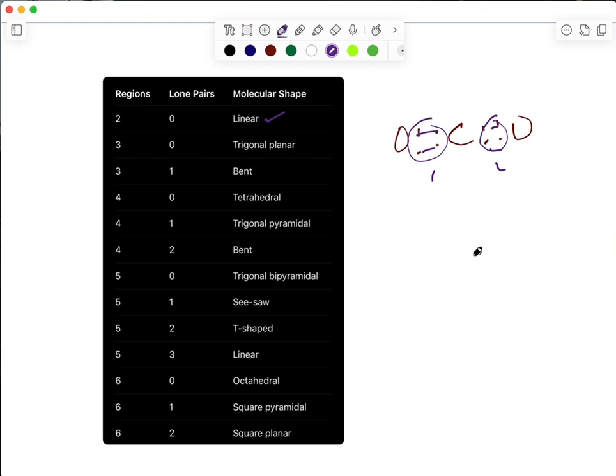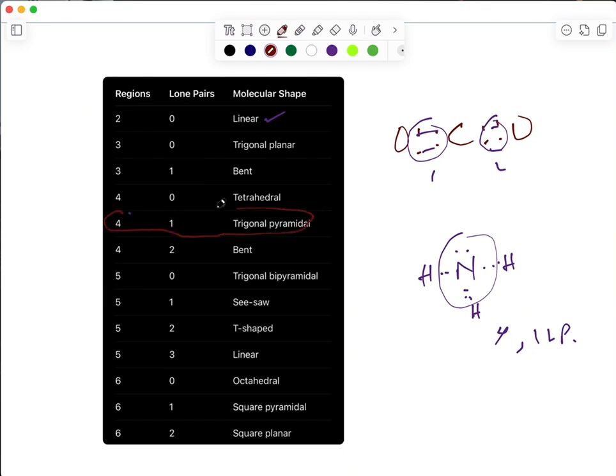Which other one again? Ammonia. Let's look at ammonia. We have nitrogen, hydrogen, hydrogen, hydrogen. How many electron regions do we have altogether? We have 4: 1, 2, 3, 4. But among these 4, one of them is a lone pair. So therefore, you have 4 electron regions and 1 lone pair.